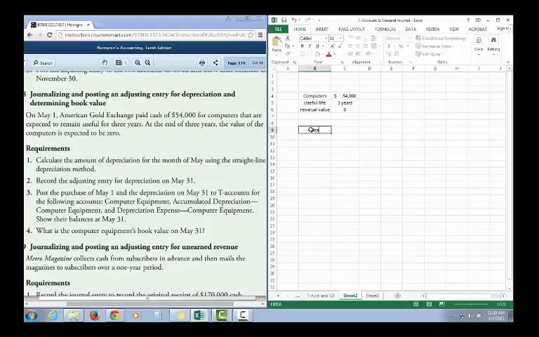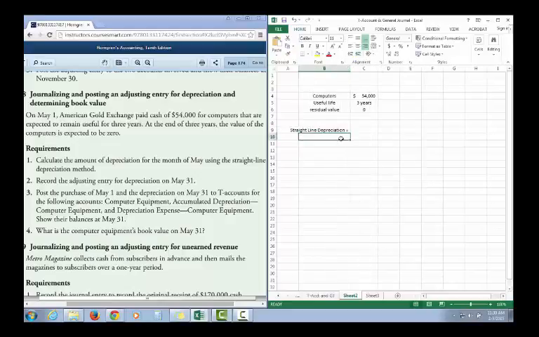So to calculate the straight line depreciation, we're going to take the cost minus residual value, and we're going to divide that by our estimated useful life.